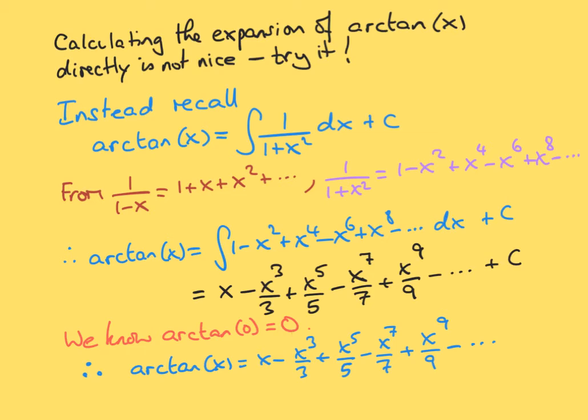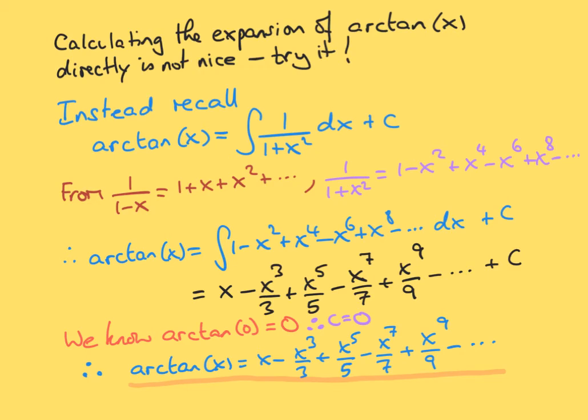So that tells us that the integration constant c is equal to 0. So we just have to write down this result. Arctangent of x is all of that without the integration constant. And that is our answer for the expansion. And that's the nice way of calculating it.